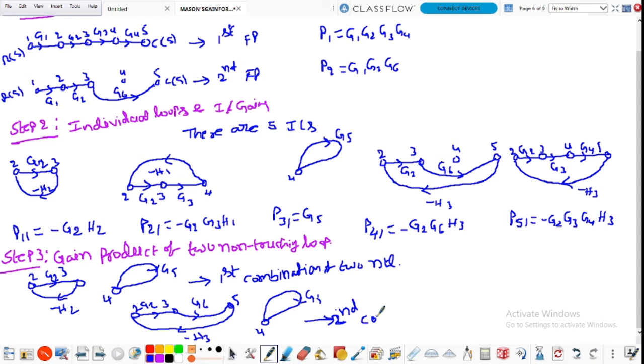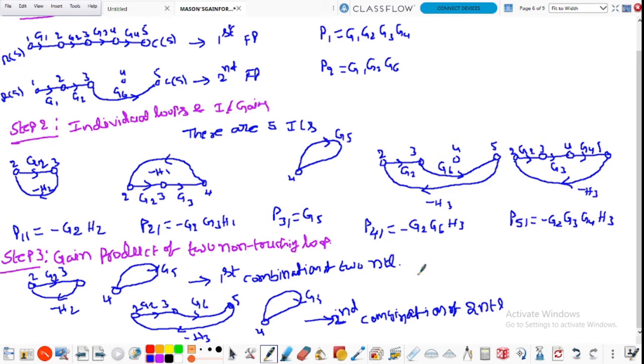And after that, calculate the gain product of two non-touching loops. This is the first combination, and this is the second combination. The gain product of the first combination of two non-touching loops is denoted as P12.